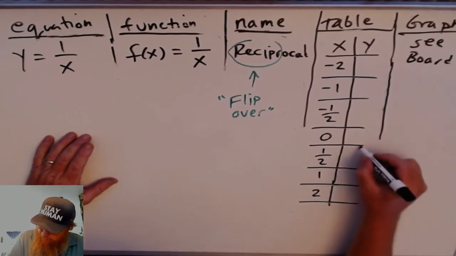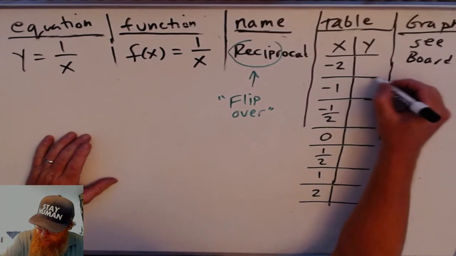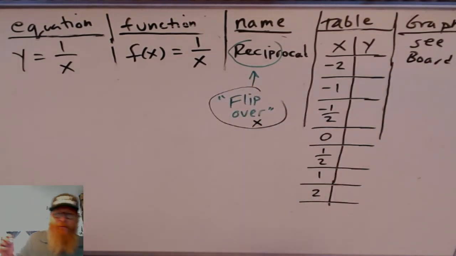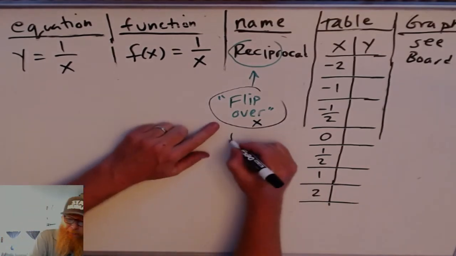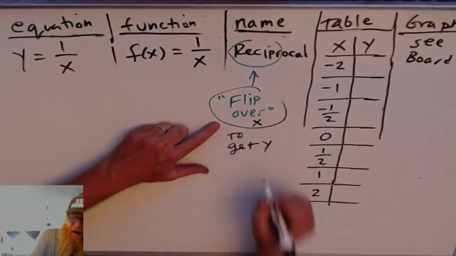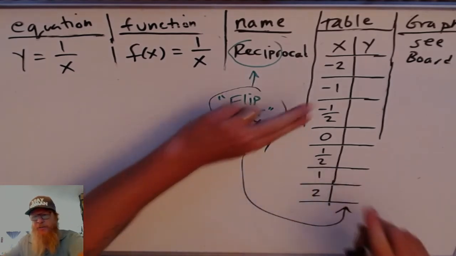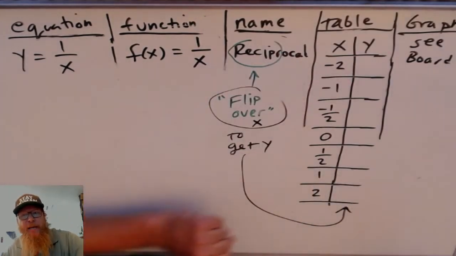You don't have to memorize the y's, just memorize the x's. So you flip over x to get y. So to get the y value, you simply flip over the x value.